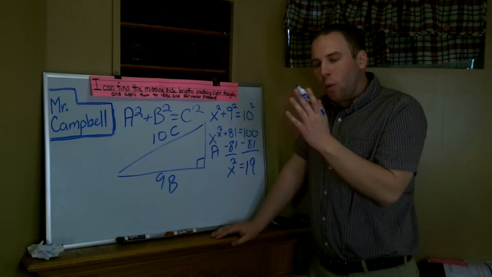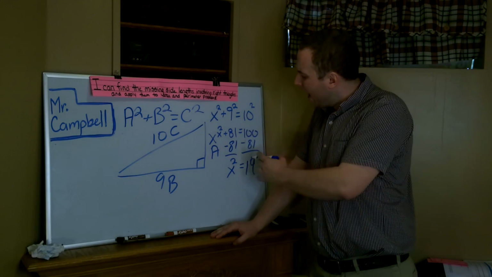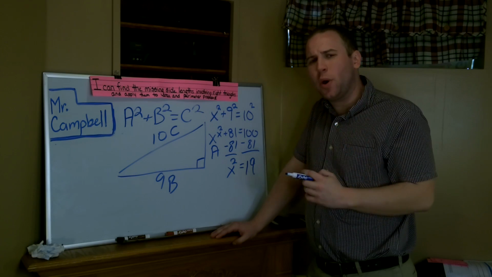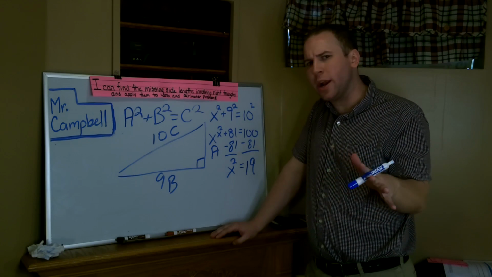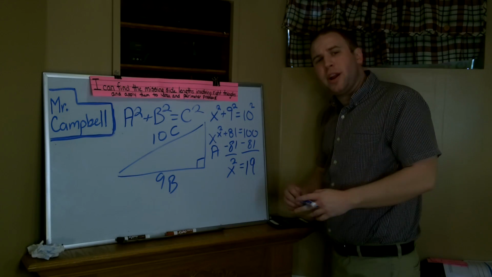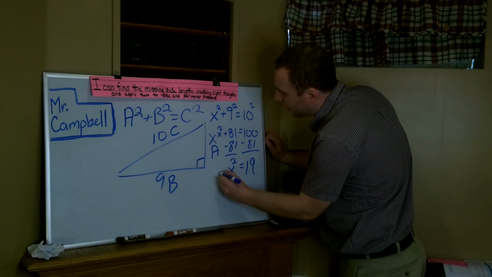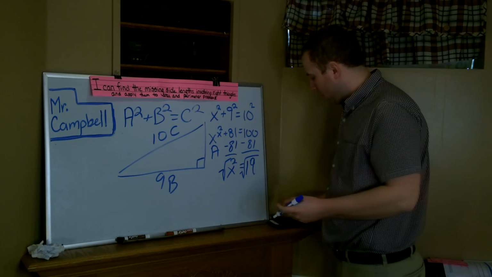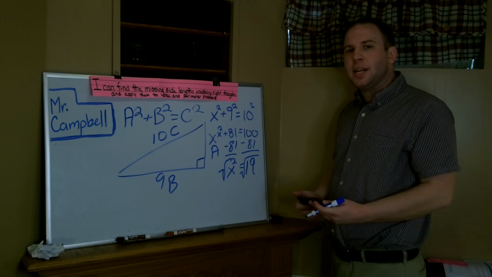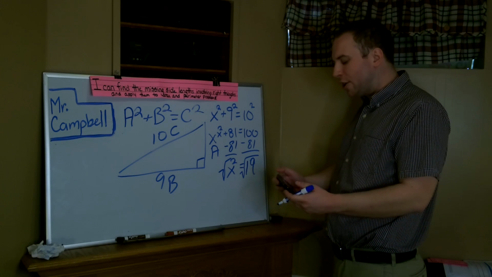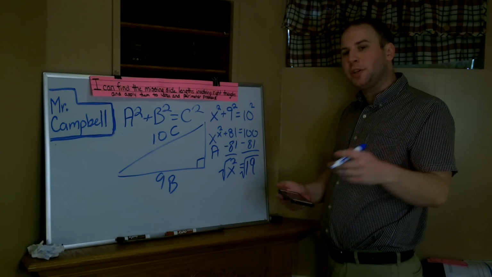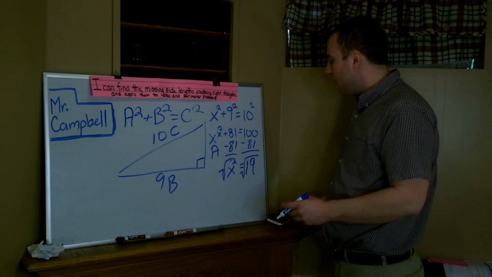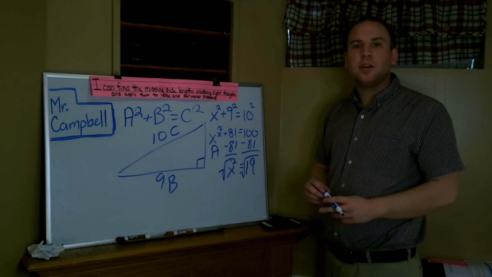Now, we have a problem. That x has a squared at the top, which is no good. In order to get rid of it, we are going to take the square root of 19. Is 19 going to give me a rational or irrational number? Going back to our previous lesson, it's going to give us an irrational number.